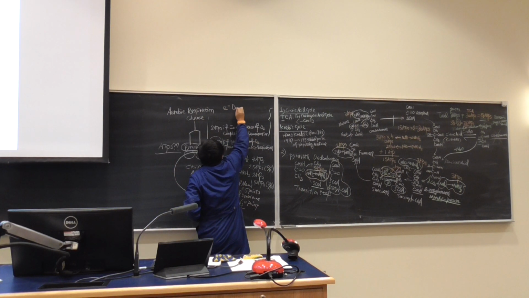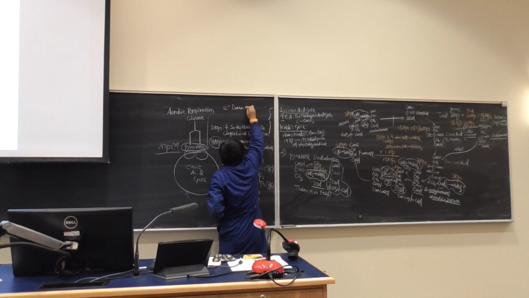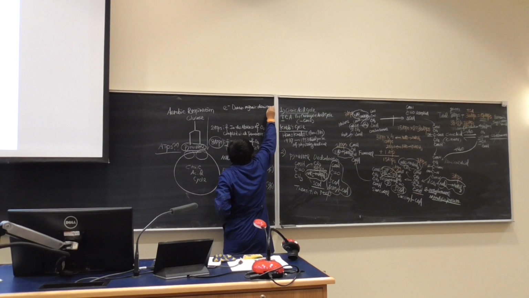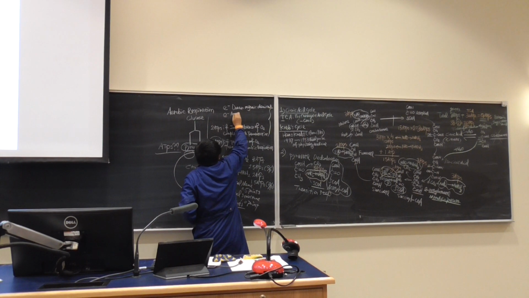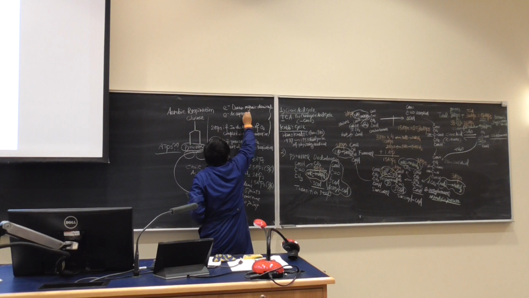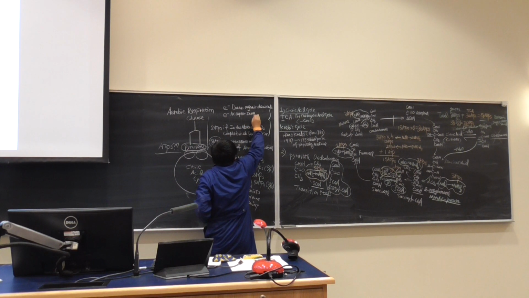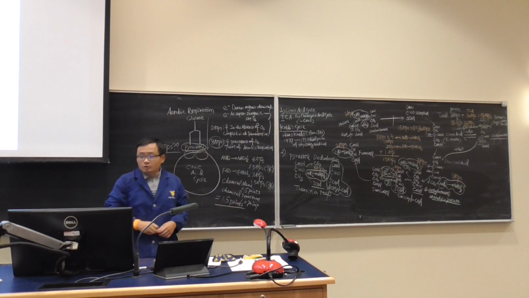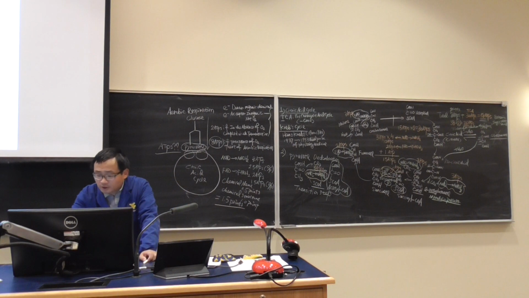The electron donor is an organic chemical, and the electron acceptor is an inorganic chemical, but the inorganic chemical is not oxygen, which means other than oxygen. When you list it here, you can see it could be ferric, sulfate, carbon dioxide, nitrate, there are so many, and even fumarate.